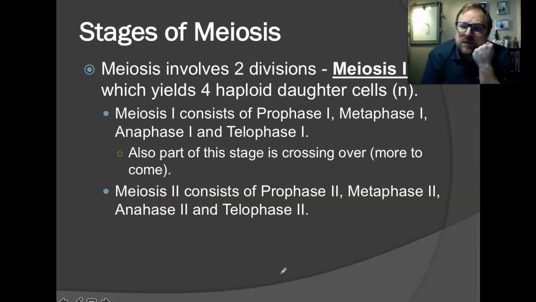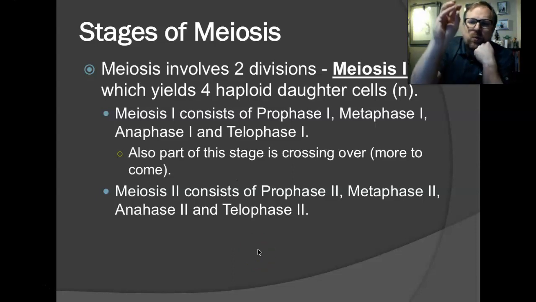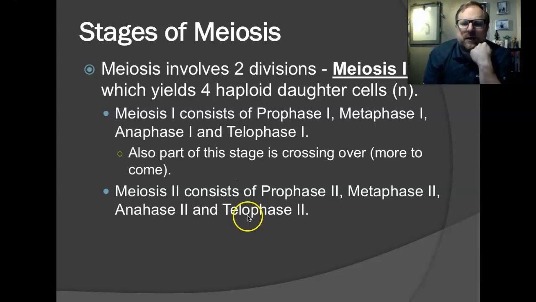In meiosis, we have two divisions, and we just talked about that. And so we actually take meiosis and divide it up into two divisions we call meiosis 1 and meiosis 2. What we start out with is one diploid cell, and what we finish with are 4 haploid cells.